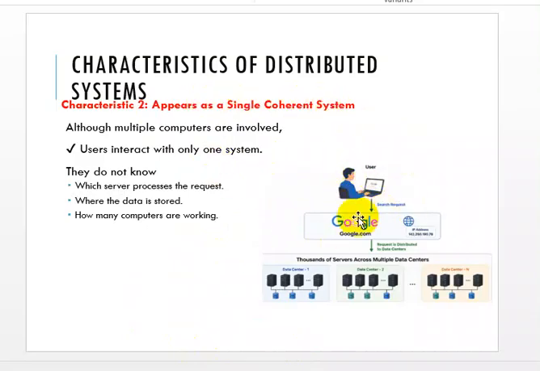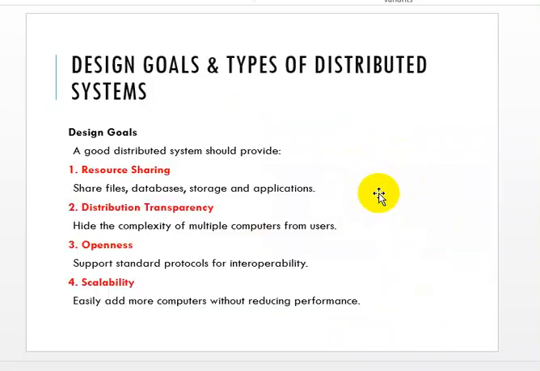At the back end of the user's window there are many servers, but the output is a single coherent system. The user may think that only their system is getting the input, but behind that window many servers are helping to show one output in the user window.